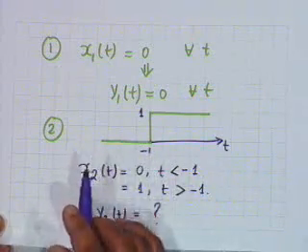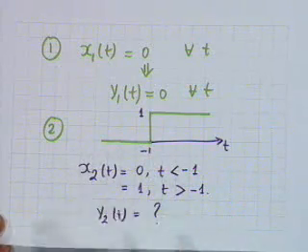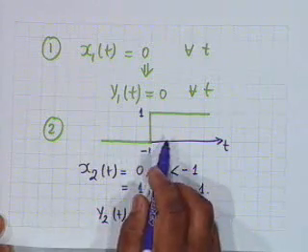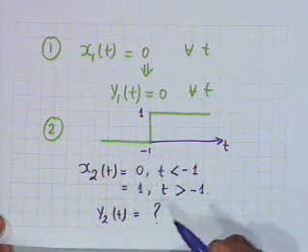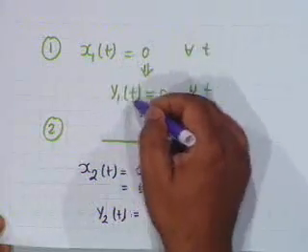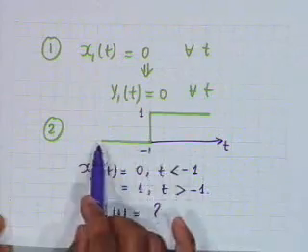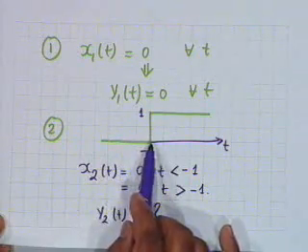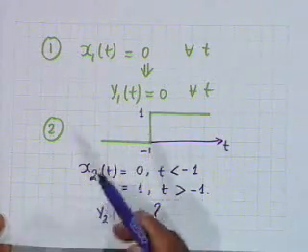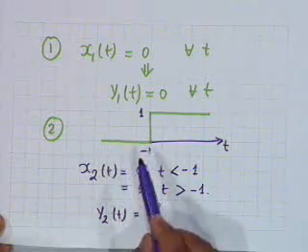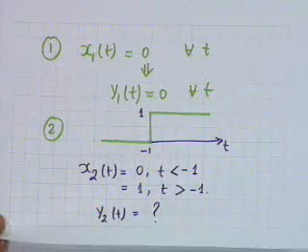If the system is causal, then y2 of t should also be 0 till t equal to -1. That follows from the definition. Our first input is 0, so y1 of t is 0 for all times. Second input is 0 till t equal to -1. So if the system is causal, then y2 of t should also be 0 till t equal to -1. Let us see if this is true or not.